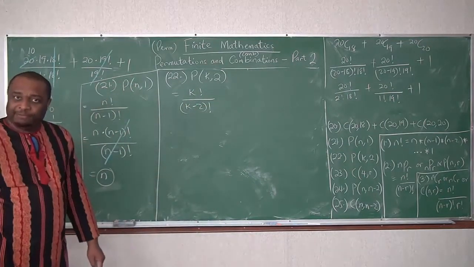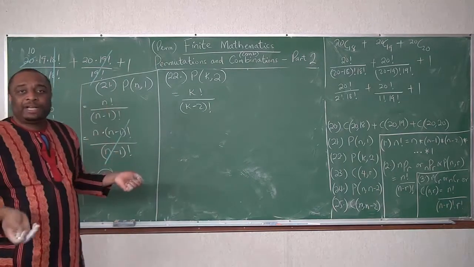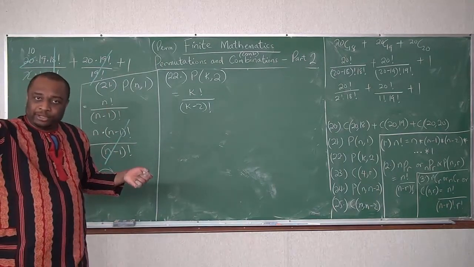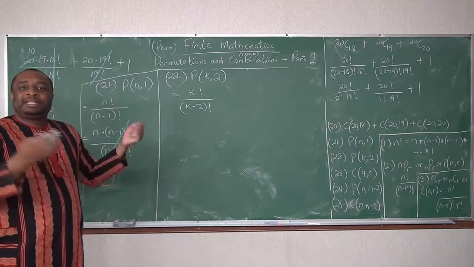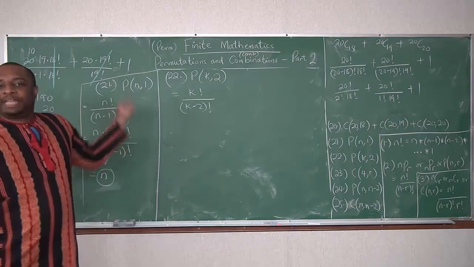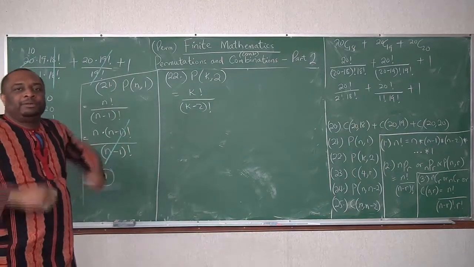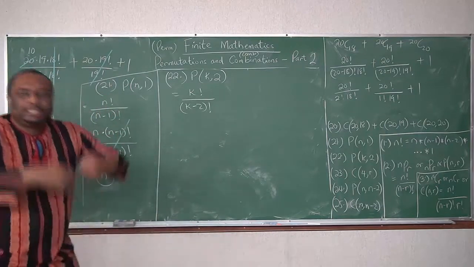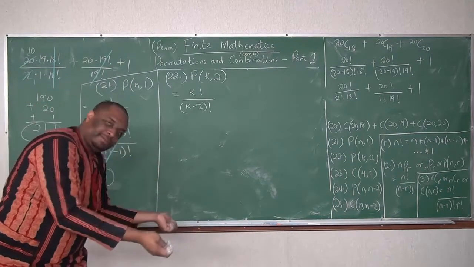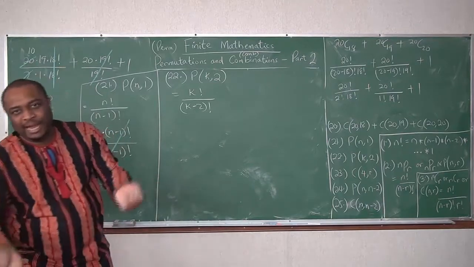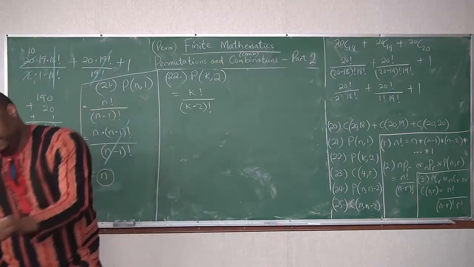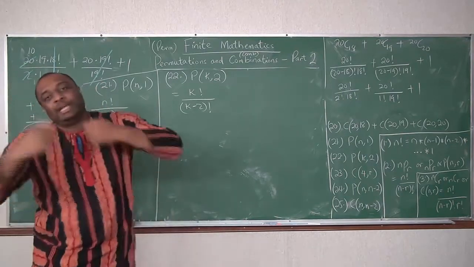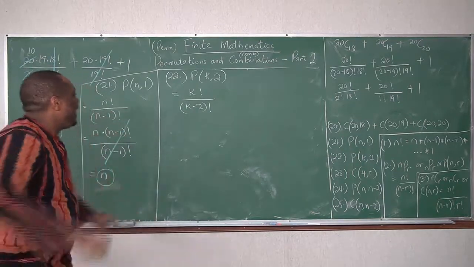Remember the formula from part 1: n factorial is n times n minus 1 factorial; n times n minus 1 times n minus 2 factorial; n times n minus 1 times n minus 2 times n minus 3 factorial, and so on.